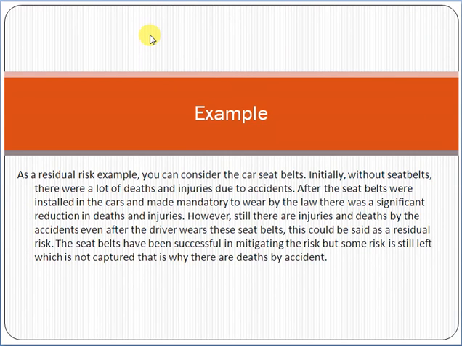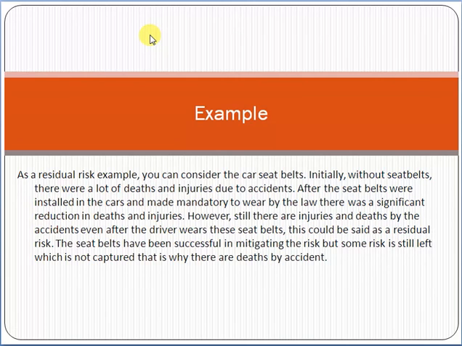Now friend, after installing the seat belts in the car, still the death rates exist and people still die. However, the seat belts are installed in the car, yet death rates still exist. So that risk which still occurs, which still exists, even though you have installed the seat belt and you are using it in the car, there is still a risk of accident and casualty.